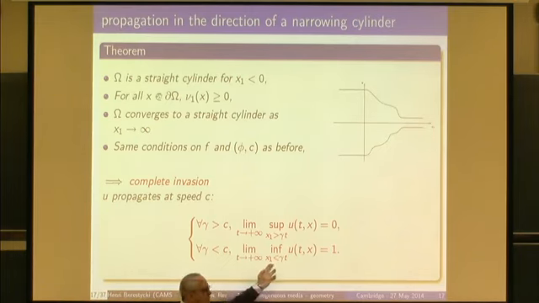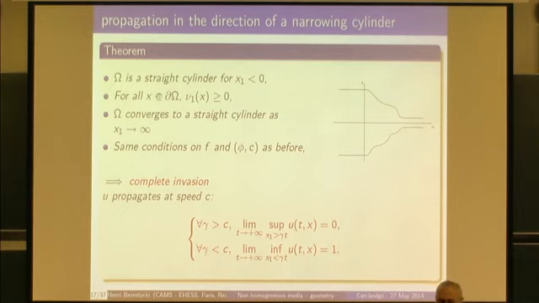If you run with any speed gamma less than c, and you look backwards, you only see 1. When those two things happen, you say that c is the asymptotic speed of propagation in the x1 direction. You can prove that in this case, this is what happens.